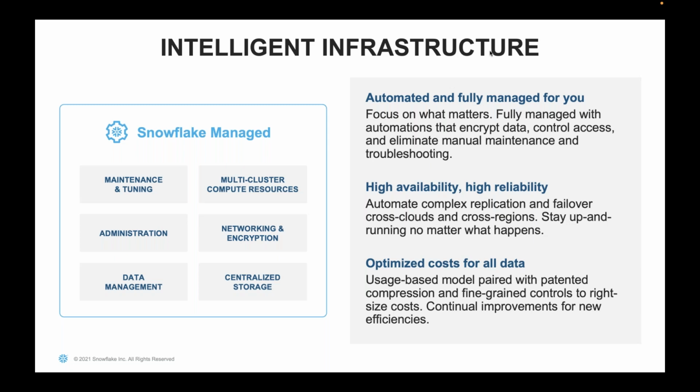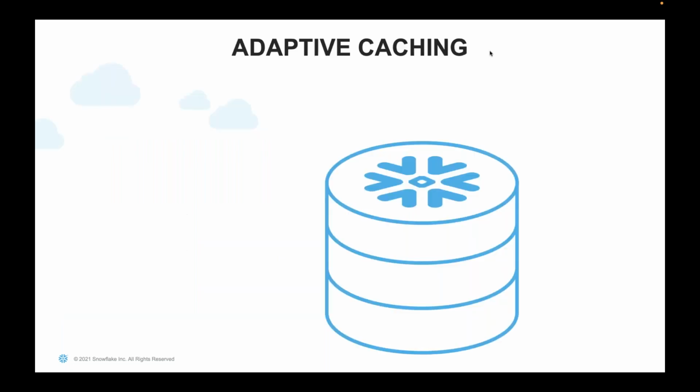When you start using it, it will come up immediately. So that's how Snowflake manages the cost as well. It has fine-grained control on the cost, and you can decide the size you want to use. So that's just some of the intelligent infrastructure. We'll talk about these as well.